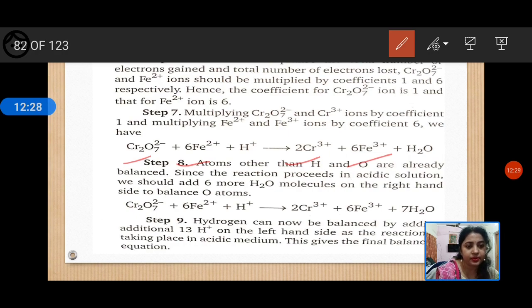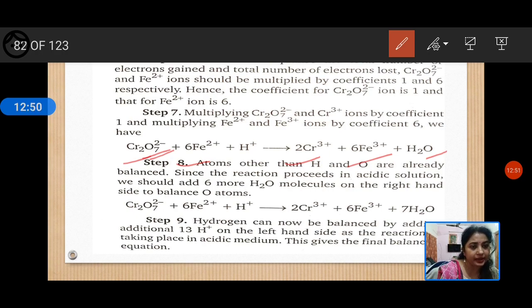So next step, atoms other than hydrogen and oxygen are already balanced. Since the reaction proceeds in acidic solution, we should add 6 more water molecules on the right hand side to balance oxygen atoms. Here we can see that 7 oxygen atoms are here, and here we are only having 1.